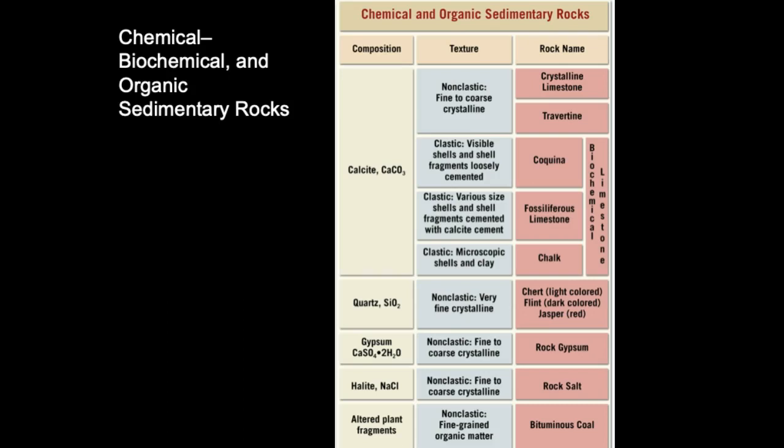For example, coquina or oolitic limestone are clastic because they have some sort of fragments that make them up. And some other sedimentary rocks are non-clastic, for example, chalk or travertine.